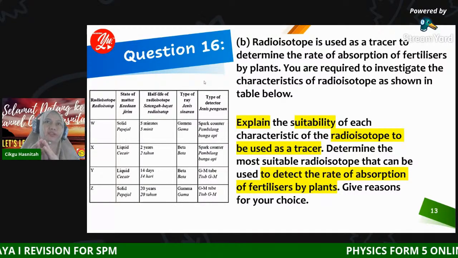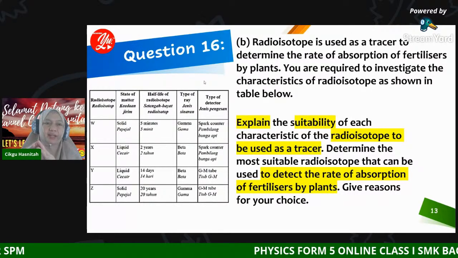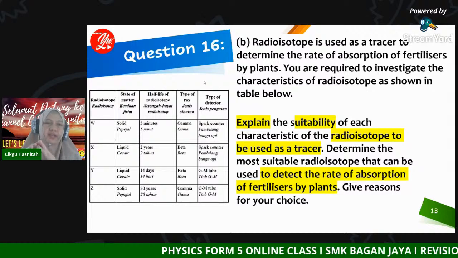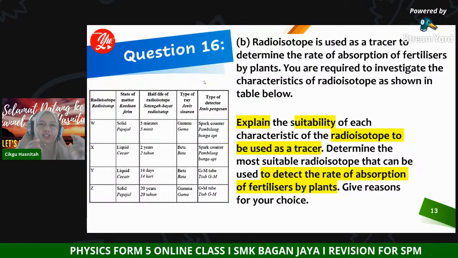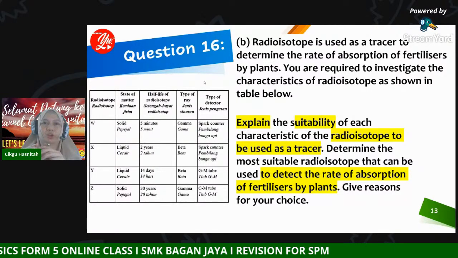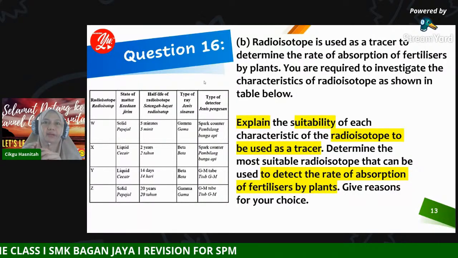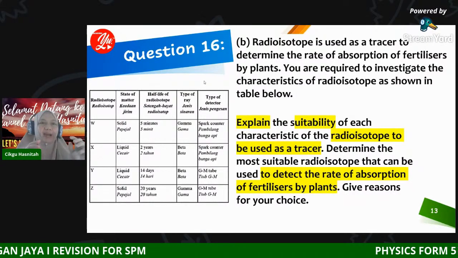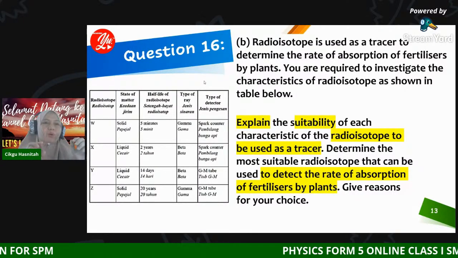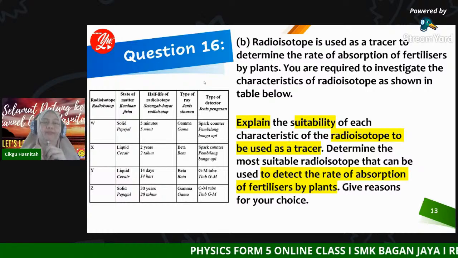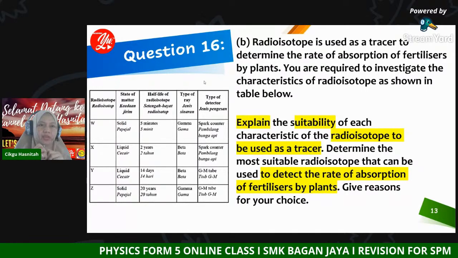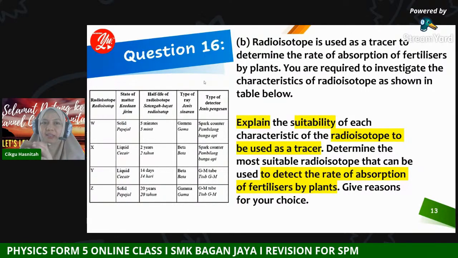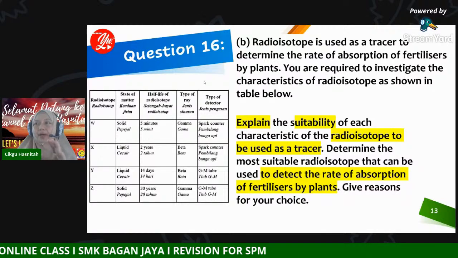And also they are used widely in agriculture and industries as well. So in agriculture, we use radioisotopes to determine the rate of absorption of fertilizer by plants, how well the plant absorbs the fertilizer supplied to them. So we can detect it using a certain type of radioisotope.